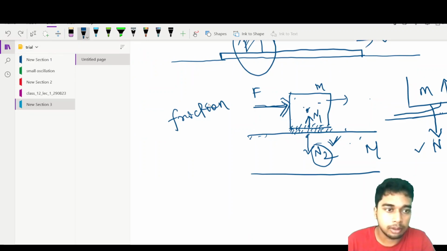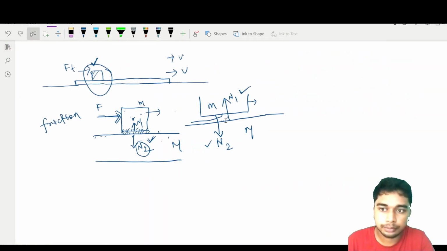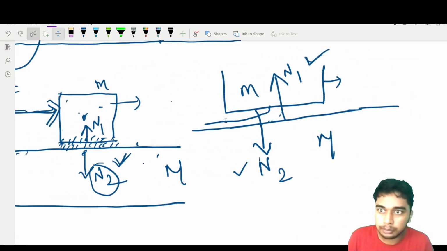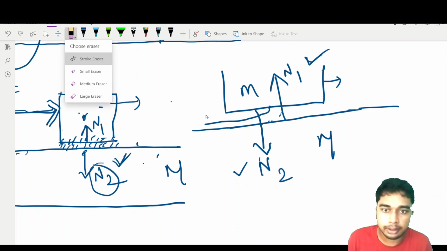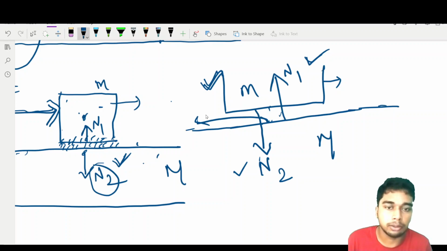So this frictional force. For example, if I erase this one, okay, so there will be a frictional force on this body due to the plank, because there will be a contact between them. So because of contact, there will be a force along this.